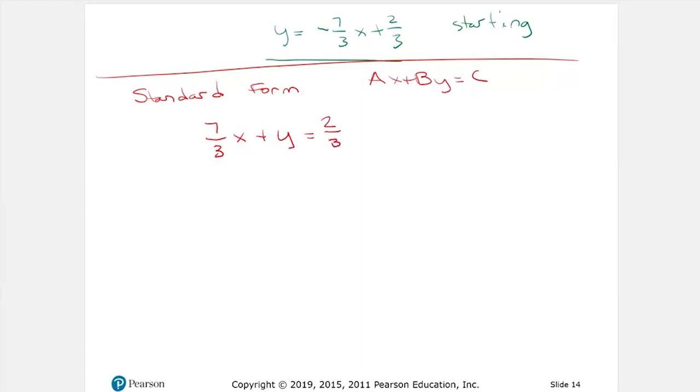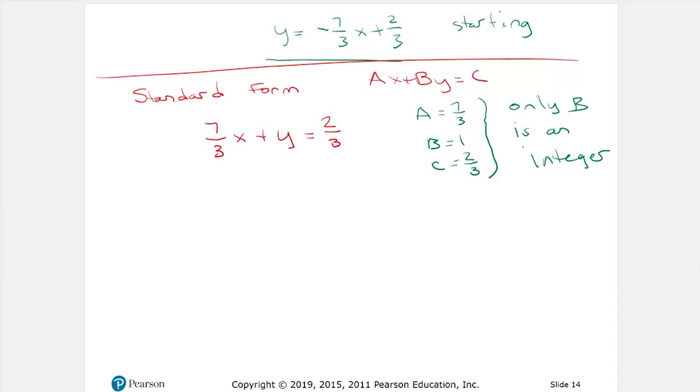And all I did is I moved the slope part to the other side. Now, remember I said that a, b, and c have to be integers. Right now, a is equal to 7/3, b is equal to 1, and c is equal to 2/3. Only b is an integer at the moment, right?